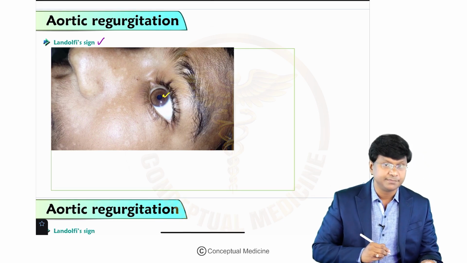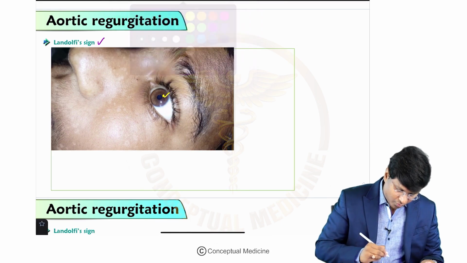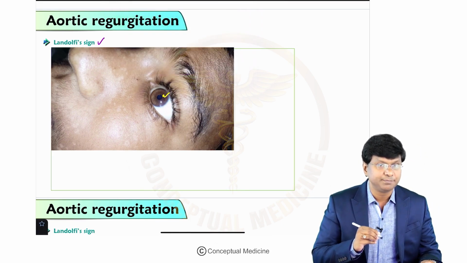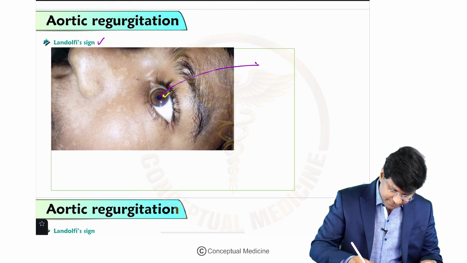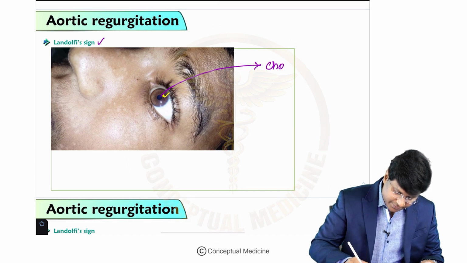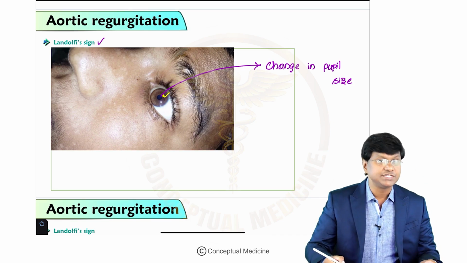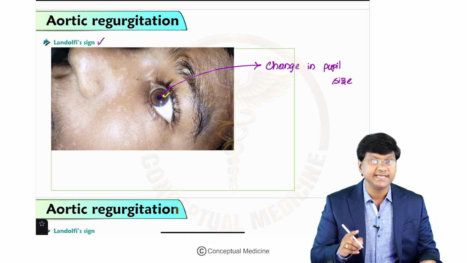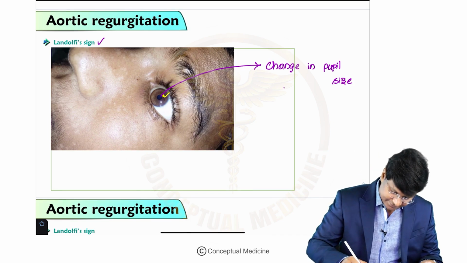You need to observe the pupil. So in Landolfi's sign, you need to observe the pupillary changes, that is, change in pupil size with each cardiac systole.